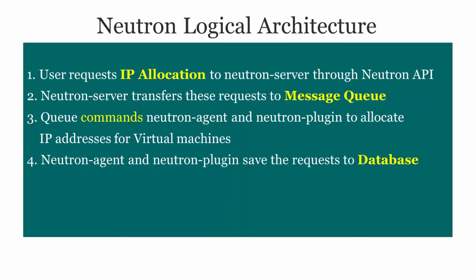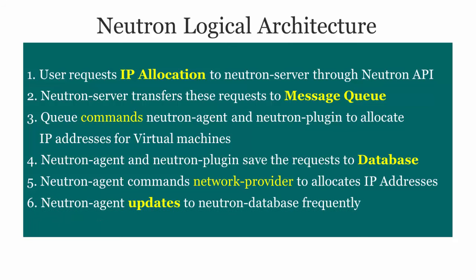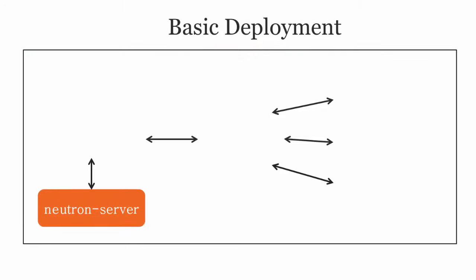Number 4, the Neutron agent and Neutron plugin save the request to the database, and the Neutron agent commands the network provider to allocate IP addresses. The Neutron agent also needs to update the request in the Neutron database frequently.